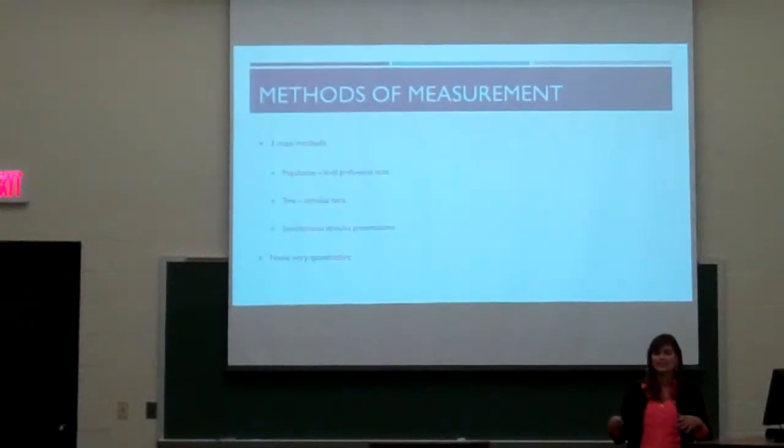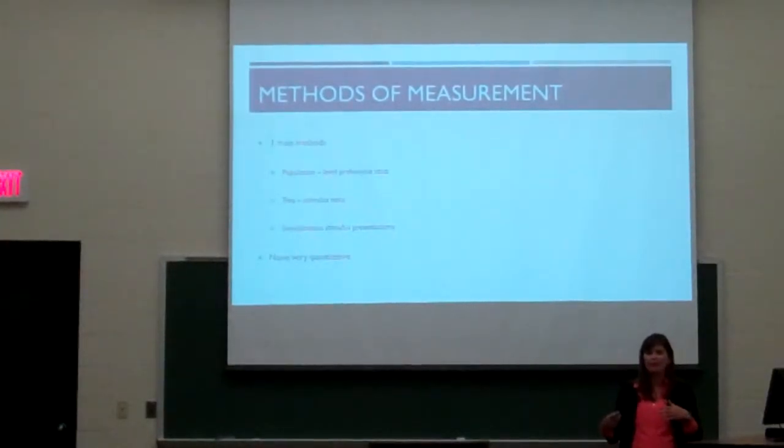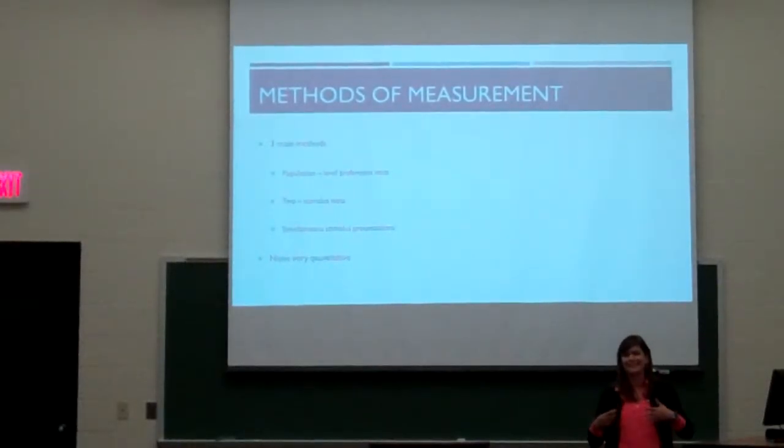There's two stimulus tests, where a group of female animals is presented with two different males, to test which one the females would rather mate with. And then there's simultaneous stimulus presentations, where they basically throw everything together and then see which ends up being the most successful.